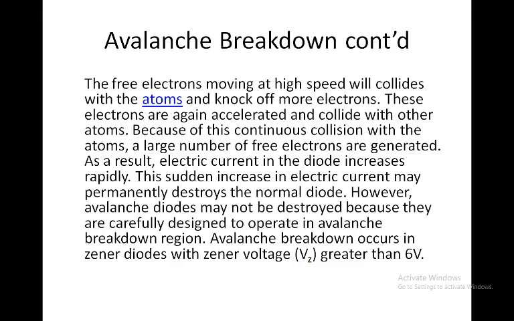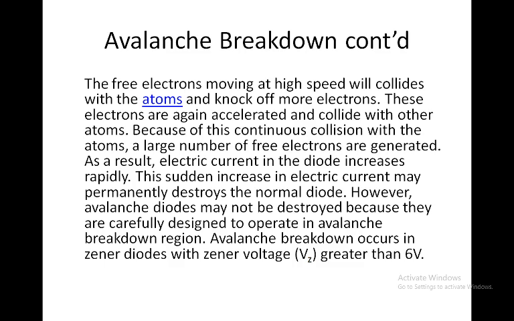The free electron moving at this high speed will collide with the atoms and knock off more electrons. These electrons are again accelerated and collide with other atoms. So this continues in a chain reaction. As a result, the electric current in the diode increases rapidly.